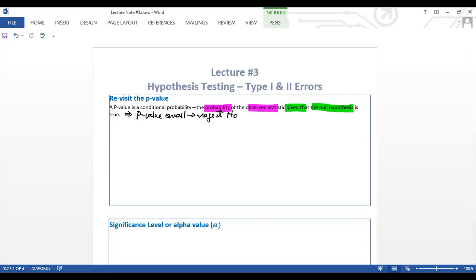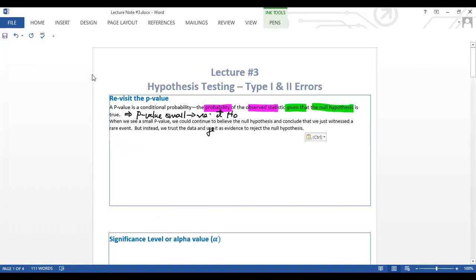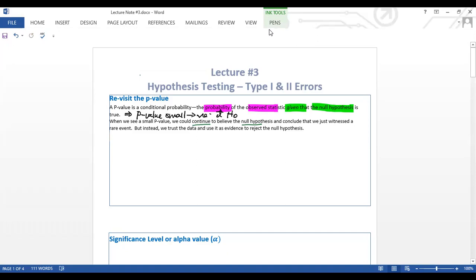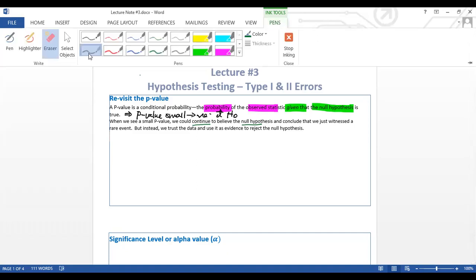However, of course, when we see a very small p-value, you can continue to believe the null hypothesis and conclude we just witnessed a very rare event. Like with the DNA match, you can say, well, that's just very, very rare, but it happens.